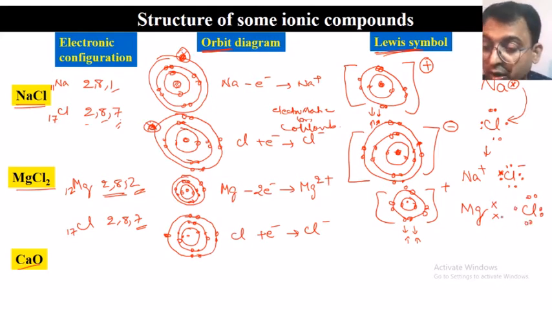Now what is going to happen? The magnesium has to lose 2 electrons. It cannot give 2 electrons to one chlorine atom, right? So there is the requirement for 2 chlorine atoms. So we need to draw 2 chlorine atoms. One will go to one chlorine atom, the other valency electron from magnesium will go to another chlorine atom.